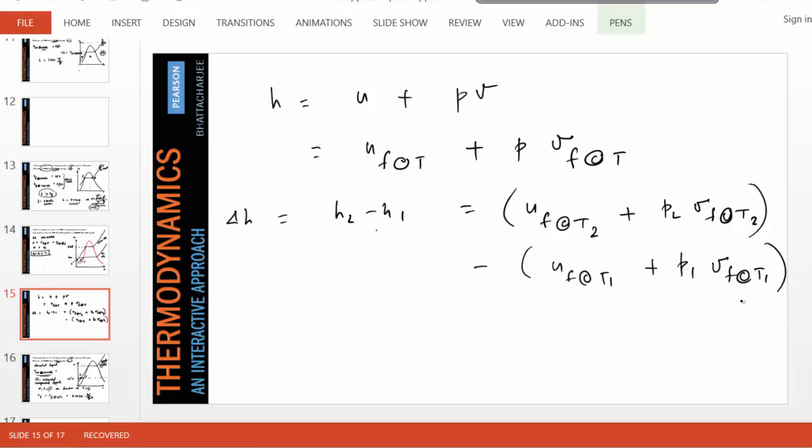And now we know these guys are equal and these guys are equal. So the expression simplifies to VF at T1 or T2 times P2 minus P1.